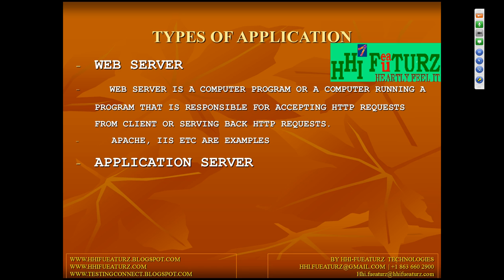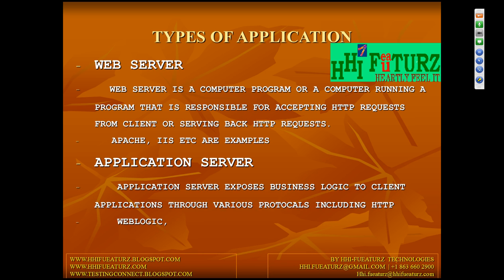But who is handling that kind of filtering? That is your application server. Your application server serves business logic. That means while displaying information in your front end, there are some restrictions and filters, and your application server handles that.